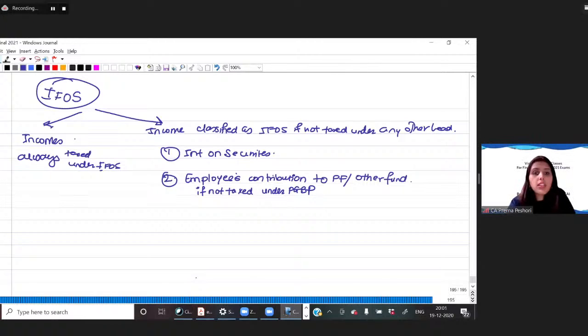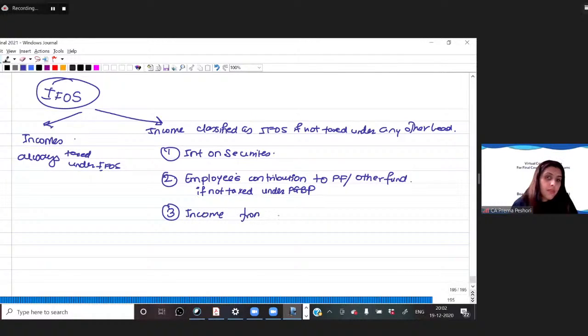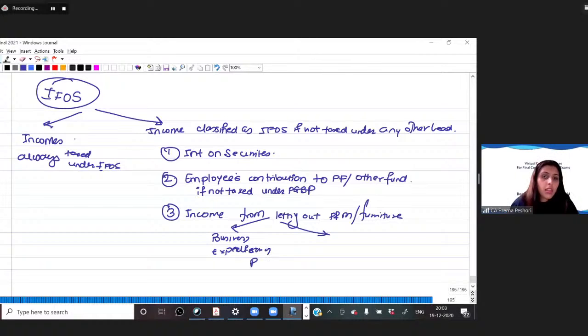Next is income from letting out plant and machinery or furniture. If it is on account of business expediency, then PGBP.